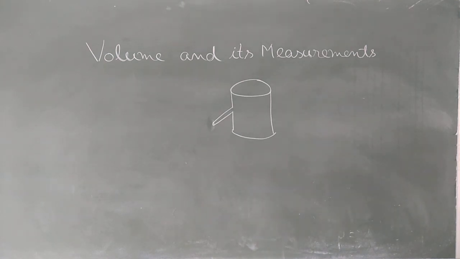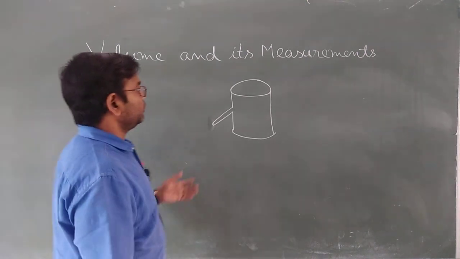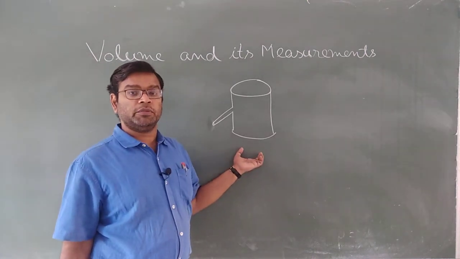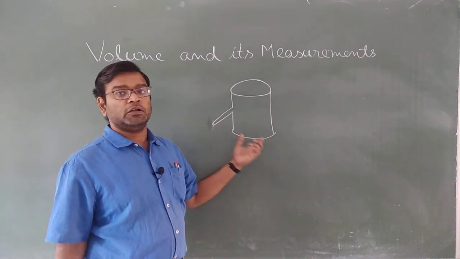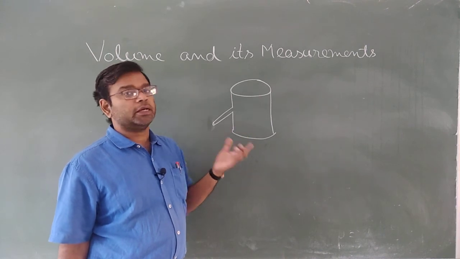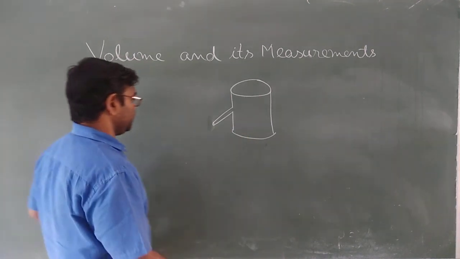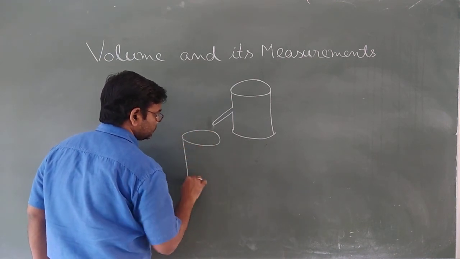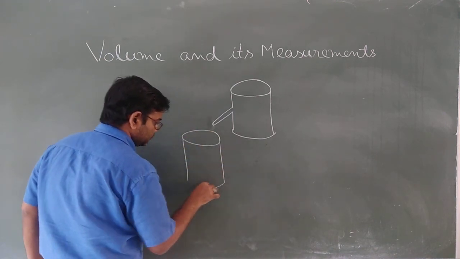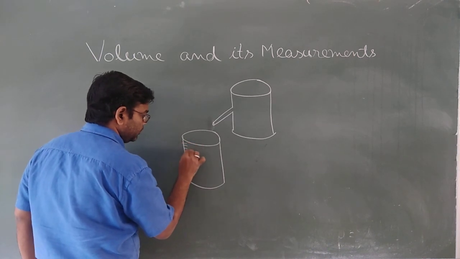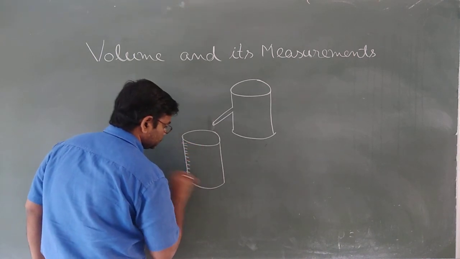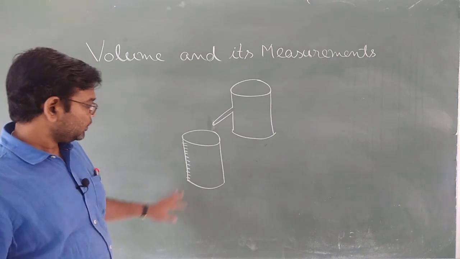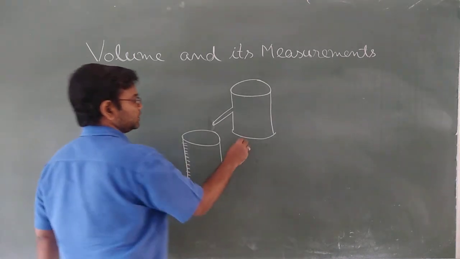Now, how do we find out the volume of an irregular shaped body using an overflow jar? For this, we take an empty measuring cylinder having marks on the wall.